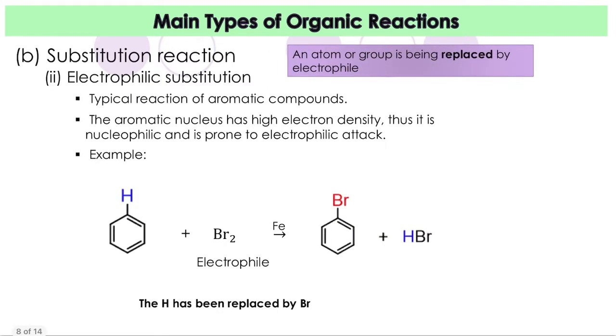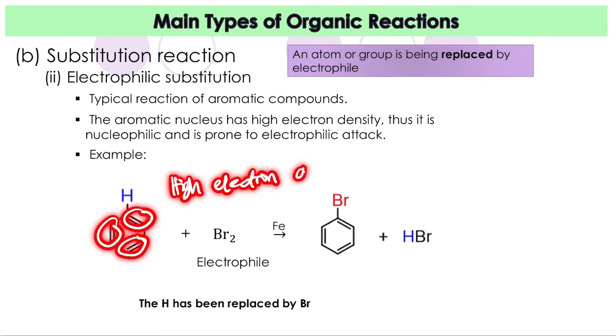Seterusnya untuk electrophilic substitution. So this is a typical reaction of aromatic compounds, because we know that the aromatic compound has high electron density, thus it is nucleophilic and it will attack the electrophile. So dalam case ini kita ada benzene, yang mana kita tahu dia high electron density, jadi dia adalah nucleophile.